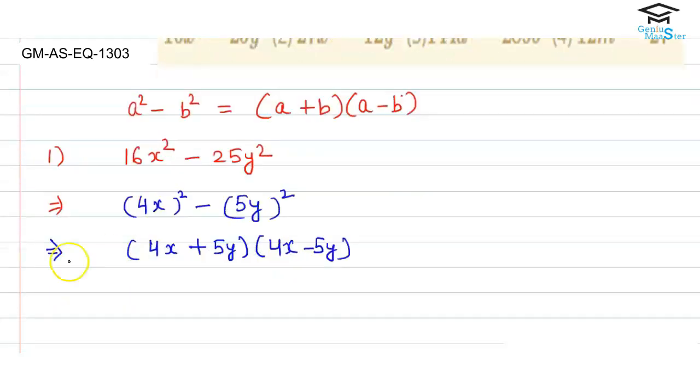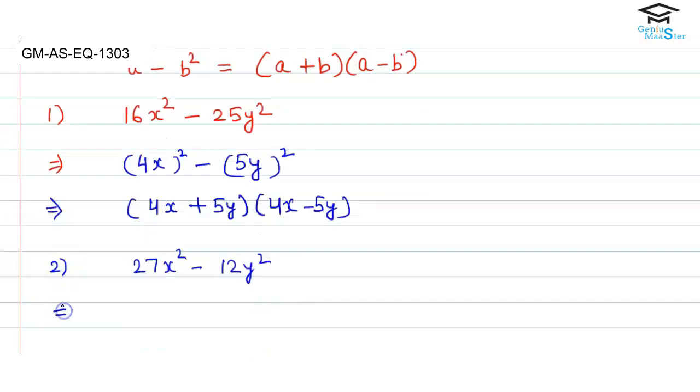Now we will take the second expression. Here the second expression is 27x square minus 12y square. Now we will factorize it. Now 27, we know that it is 3 times 9.